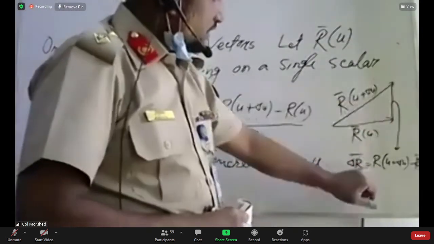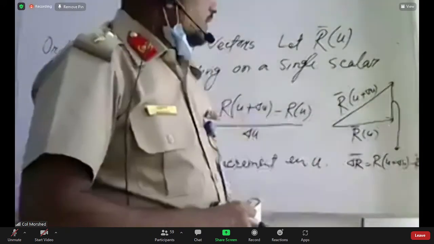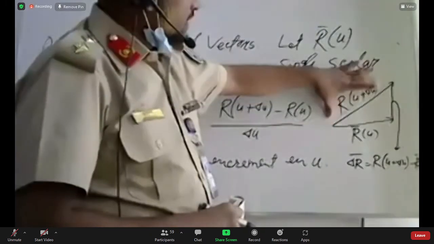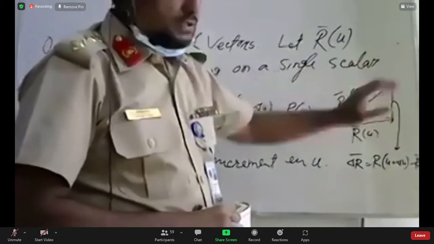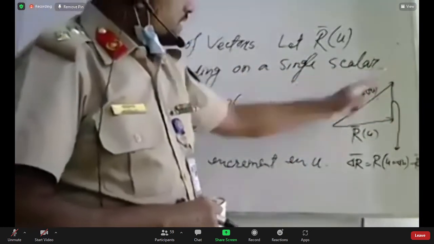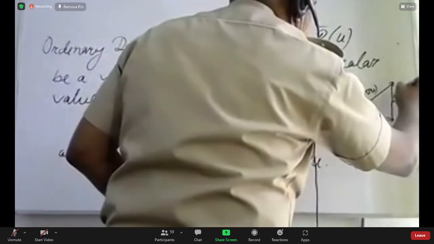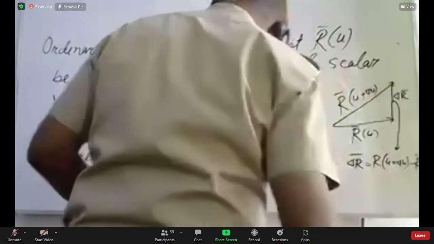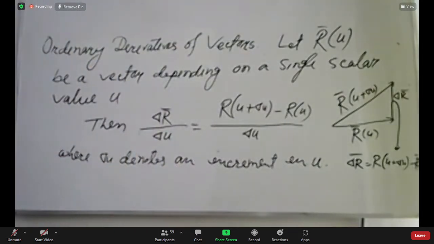That is r(u plus delta u) minus r(u). If you deduct this vector from that vector, you get this, because it is the resultant vector. So the derivative will be what? If we take the limit of this, that time it will be the derivative, isn't it?